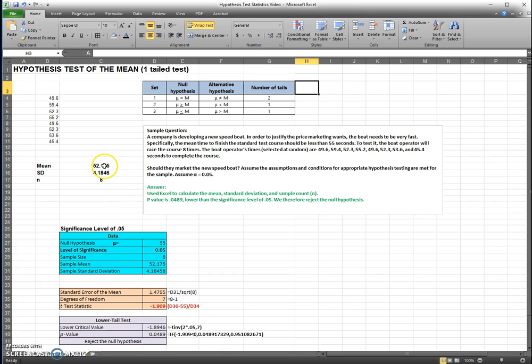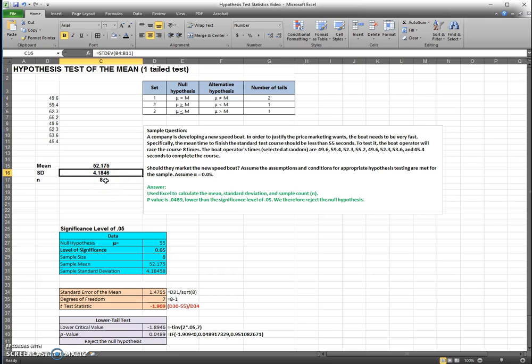So here I have my mean that I calculated in Excel, and here's the formula bar if you have any questions as to how I generated a specific value. I used the average function and selected my data, then the standard deviation below here, the standard dev function, and then selected my values.